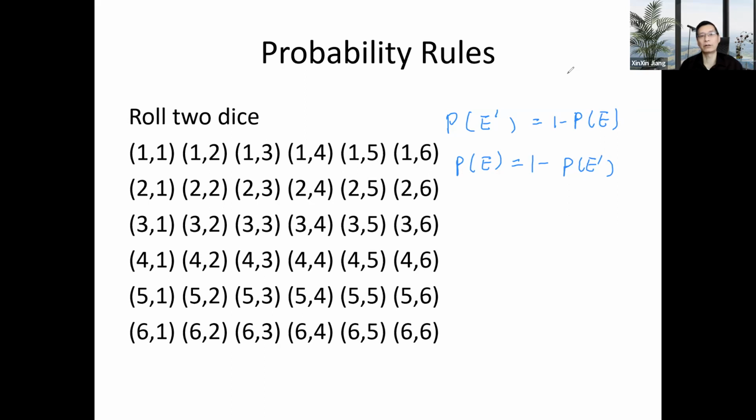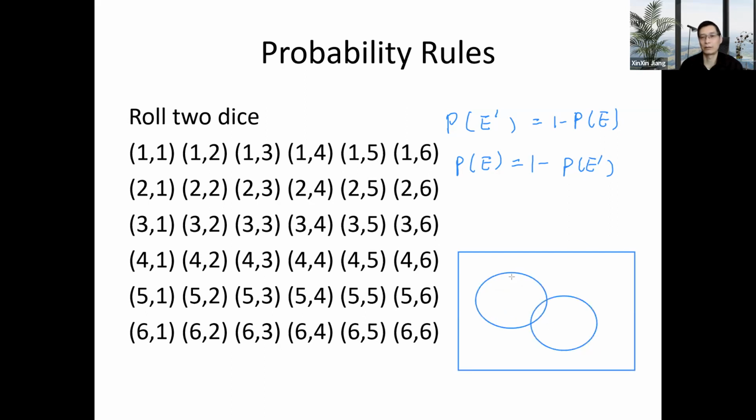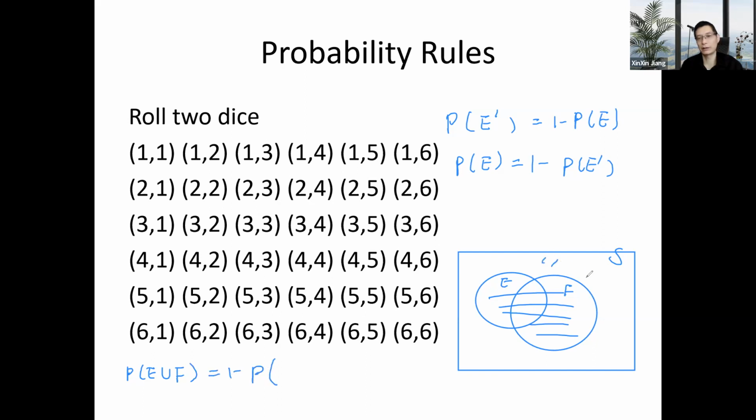We can show this from the Venn diagram. You have E here, you have F here in the sample space. The union is here. So the probability of the union is 1 minus the probability of outside. It's neither.